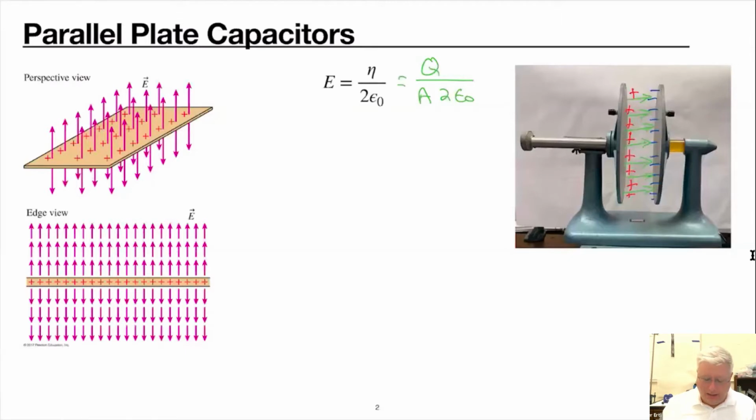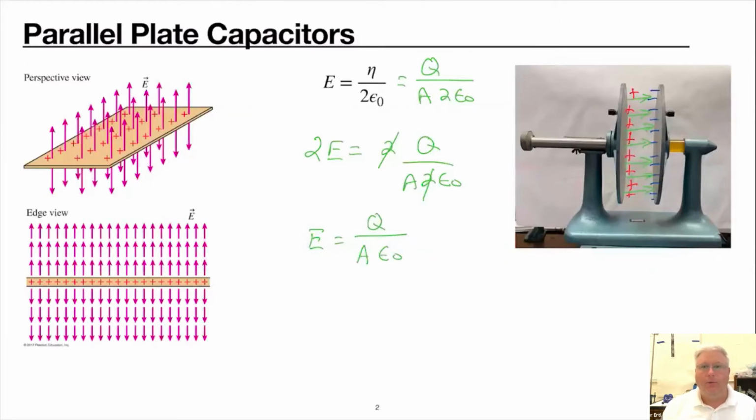If we have two, then this is basically 2 times E, which is 2 Q over A times 2 epsilon naught. Then we see that the 2's cancel out, and so the electric field inside the parallel plate capacitor is just Q over the area times epsilon naught.